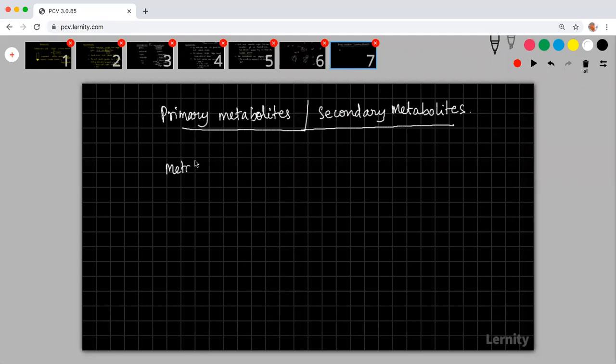First, you need to understand. Any unit that is part of metabolism is called a metabolite. You guys know what is metabolism, right?